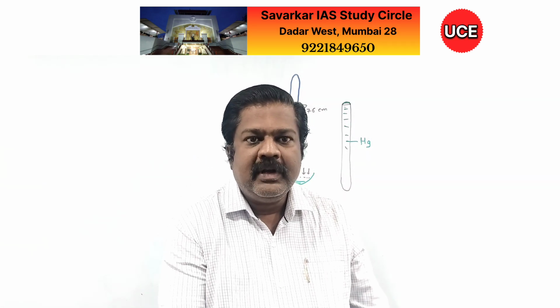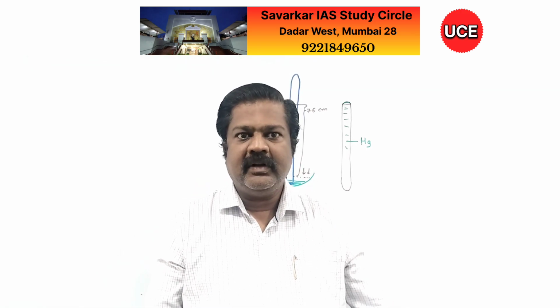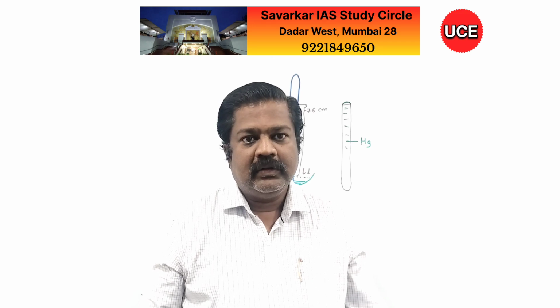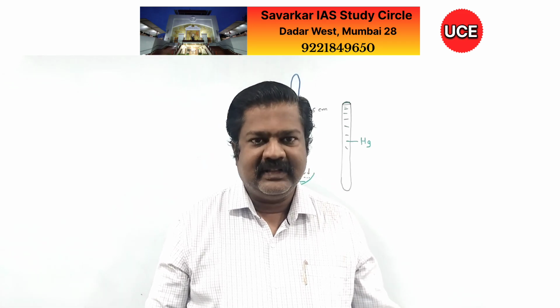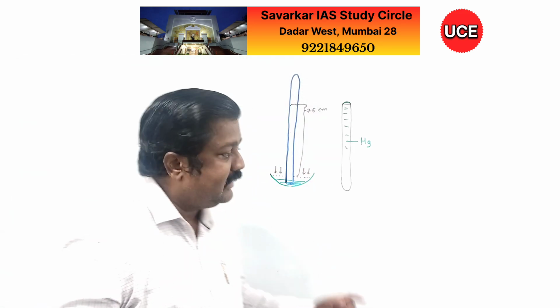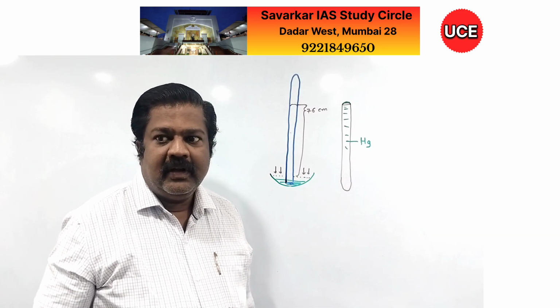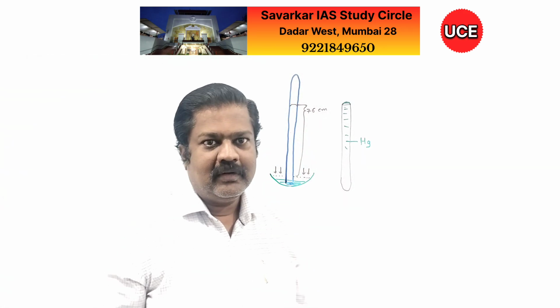Suppose I am going to a higher altitude. Sea level is there. Apart from sea level, I will go to a higher altitude. Then atmospheric pressure will start decreasing. As a result, if this pressure is decreased, then downward movement is possible, and this way the mercury level will start falling down.